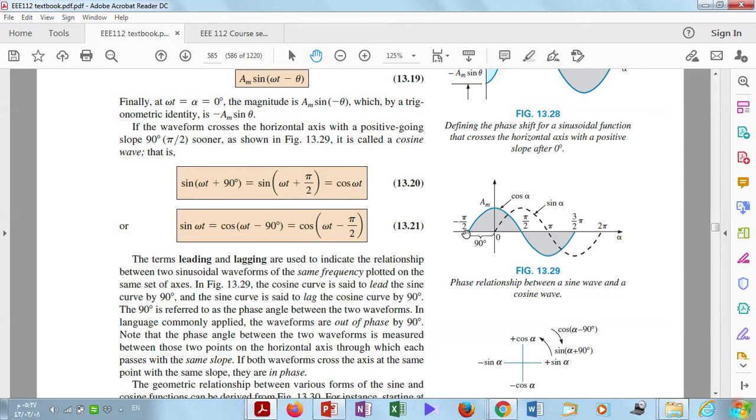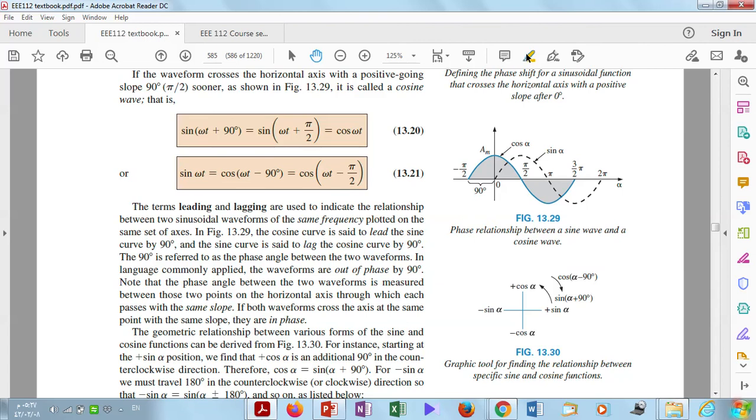Cosine starts at minus 90, shifted from sine. And similarly, what is sine? It is cosine of omega t minus 90. This is the sine and this is the cosine. If we say cosine shifted by 90 degrees, starting from 0, it will equal sine. Okay.